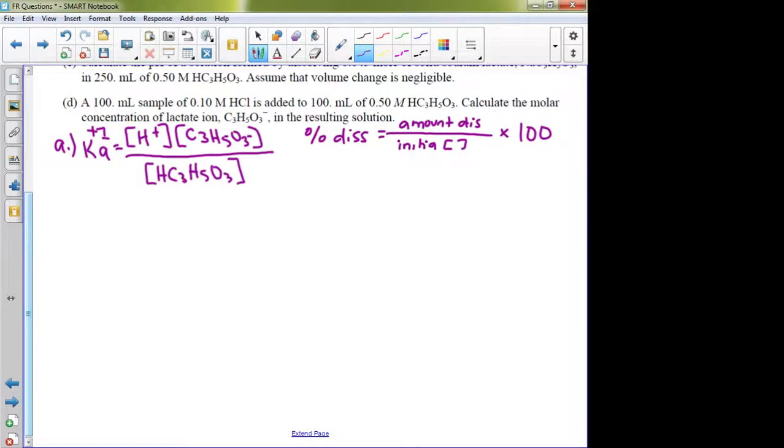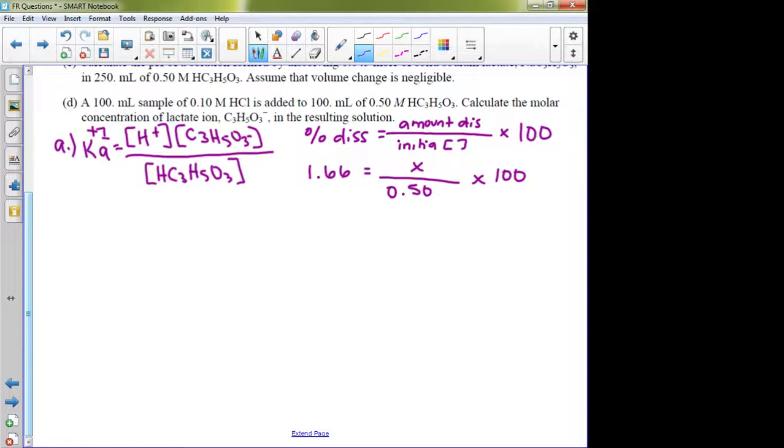So I know the percent dissociated was 1.66. Do I know the amount that dissociated? No. That's X. Do I know the initial concentration? Yes. That's 0.050. And then I multiply that times 100.